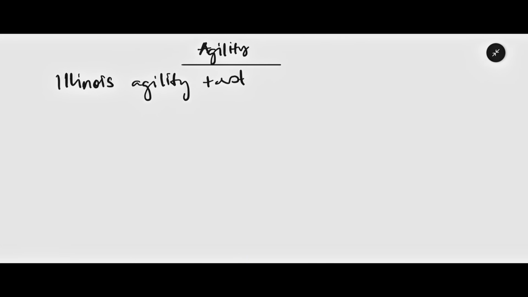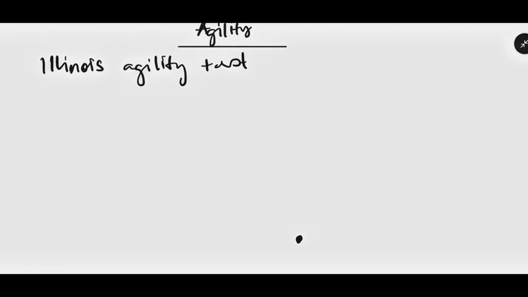And the way this is designed is you would have some cones or some markers. So you'd have one cone here, one cone here, third cone, fourth cone, another cone here, another cone here, another cone here, another cone here. And this is a starting point. This is the finishing point.